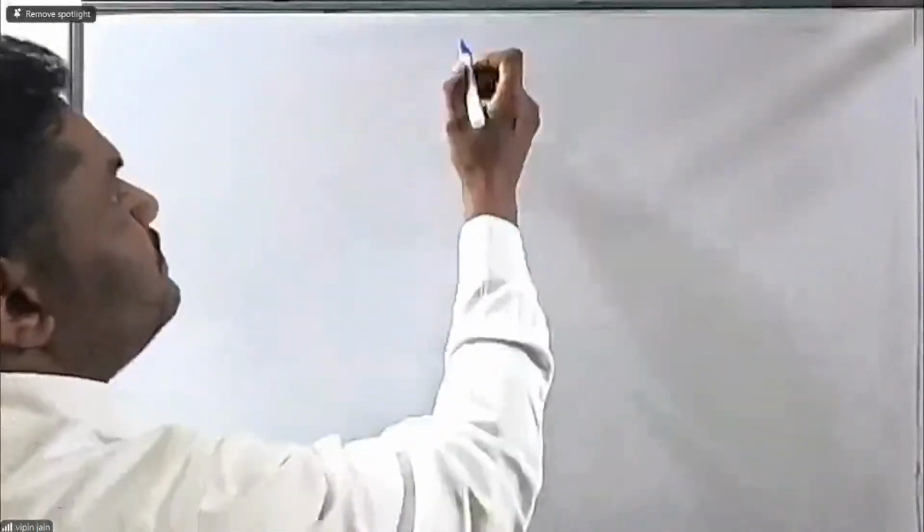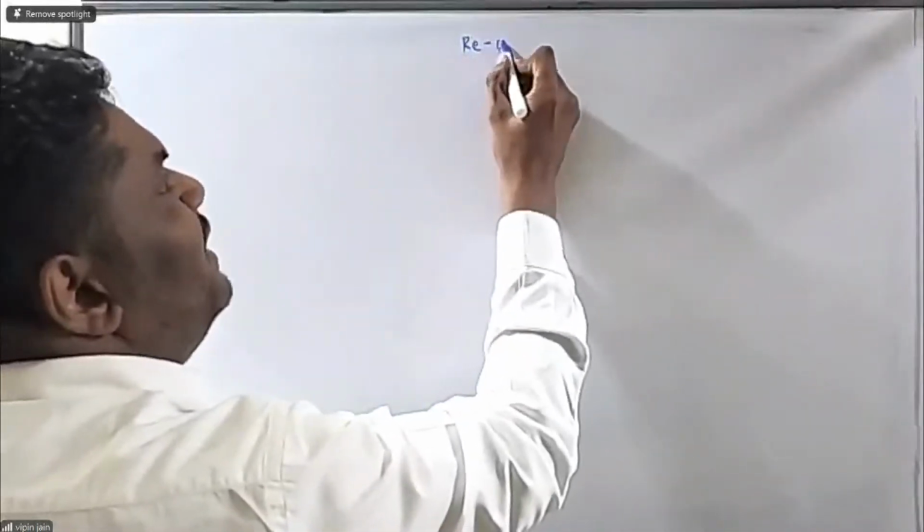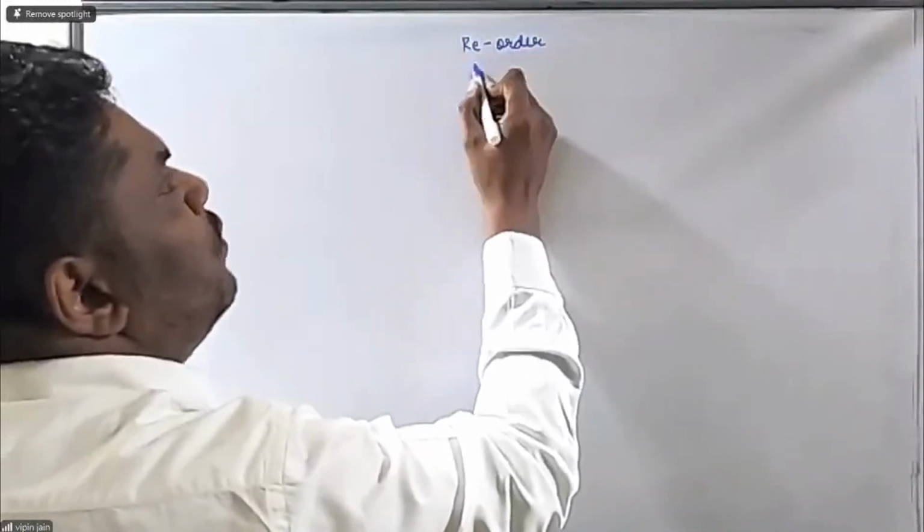So let's start with the first part of setting quantitative levels. We'll be discussing how much quantity to order. When to order I'll discuss later, but first, how much quantity should we order, so that it is better for us. Let's start with the first part, that is reorder quantity.